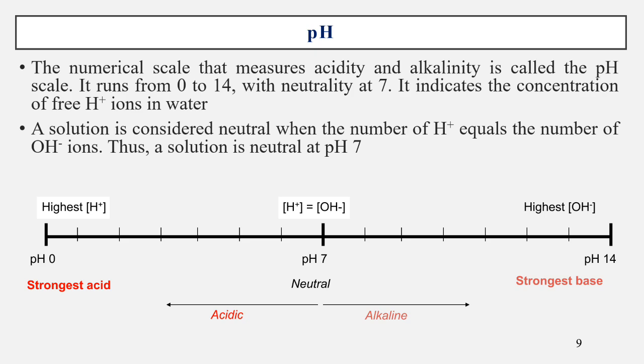A solution is considered neutral when the number of H plus ions equals the number of hydroxide ions. This solution is neutral at pH 7. On this pH scale, less than 7 is acid and greater than 7 is base. Neutral pH is 7.